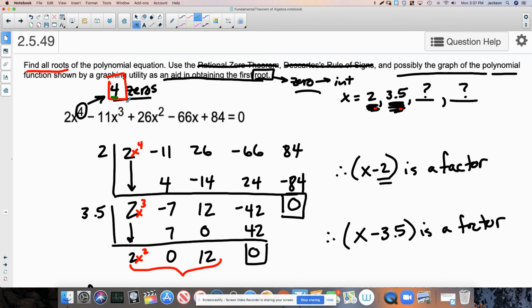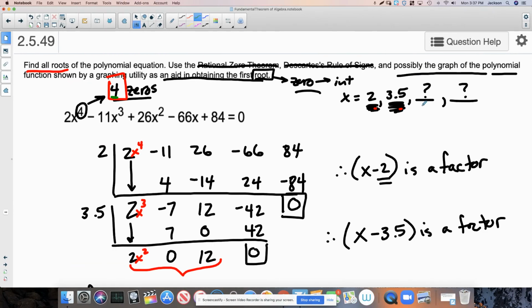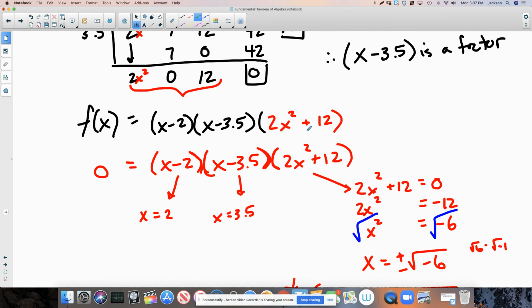I should see 4 intercepts, but I only see 2. That was a tip off right there to say, hey, these other two zeros, they're probably complex. The only way to see those is by doing this division, and then we get something that can either be factored or solved by setting equal to 0 at the end.